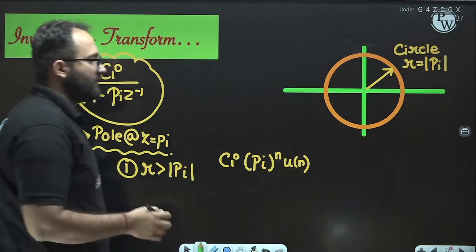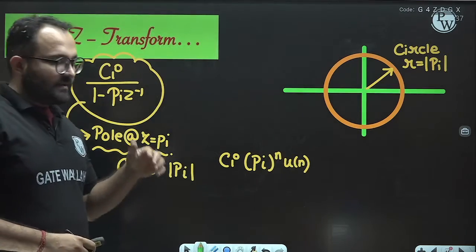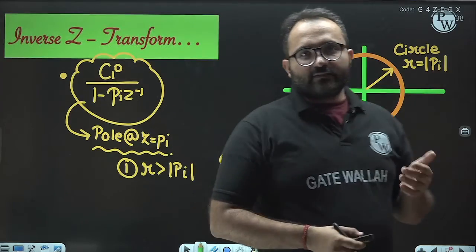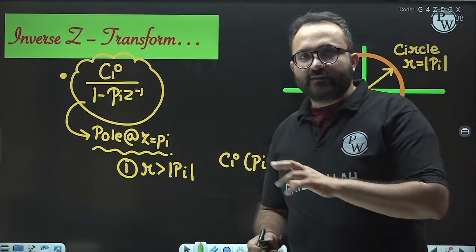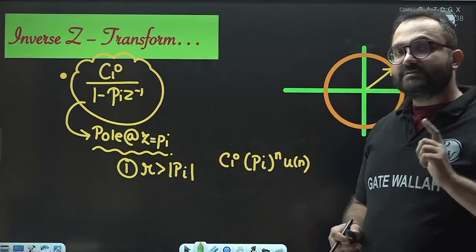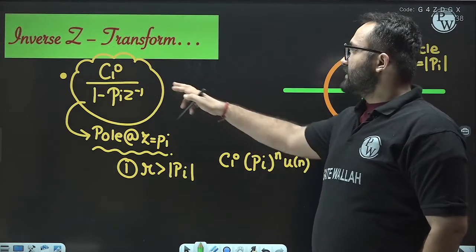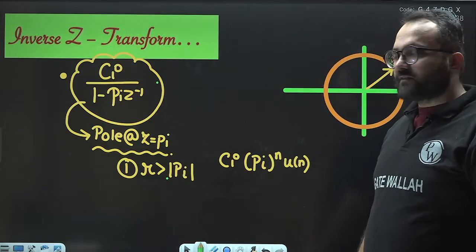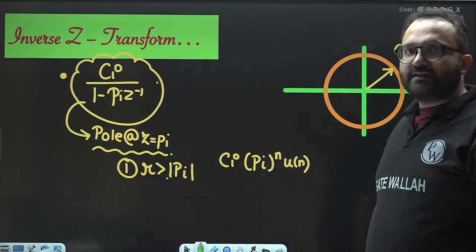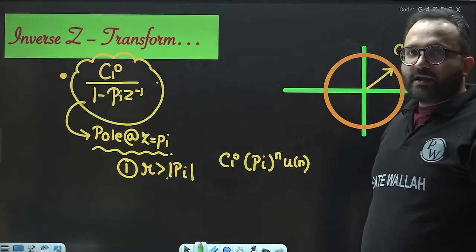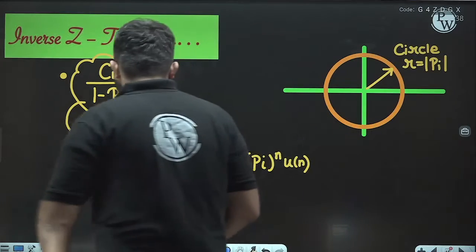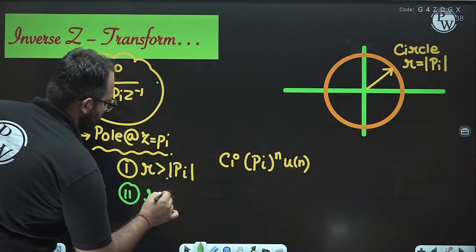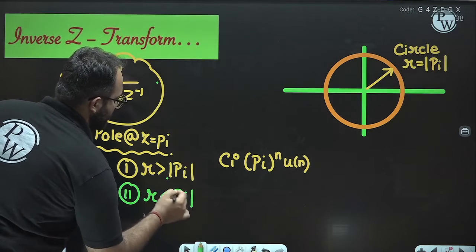I hope all of you are able to get this point. It is exactly similar to the equations we studied in the last class: a to the power n u[n] has the Z transform 1 upon 1 minus a z inverse. So if the ROC is outside the circle, the signal is right sided and we get Ci multiplied by Pi to the power n u[n]. The second is the ROC with magnitude of z less than the magnitude of Pi.